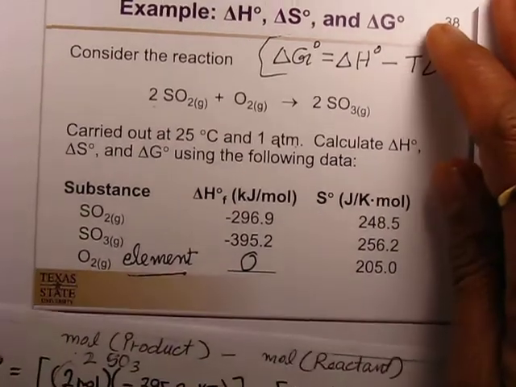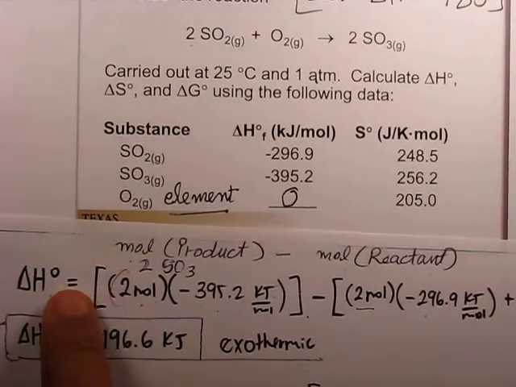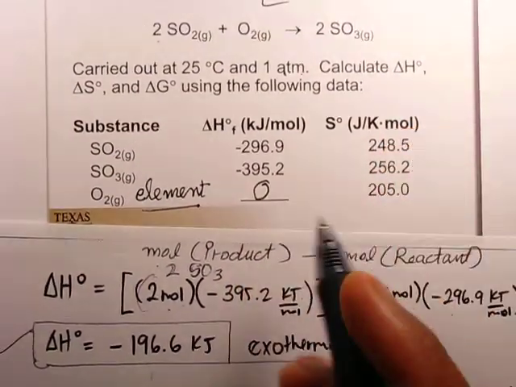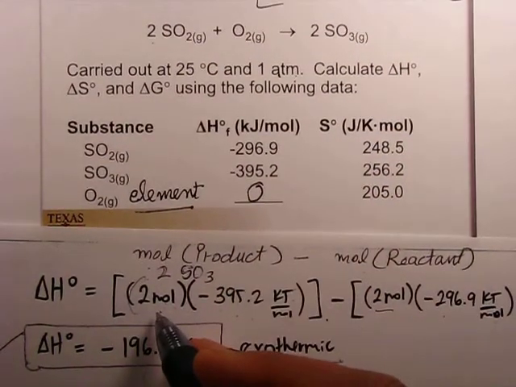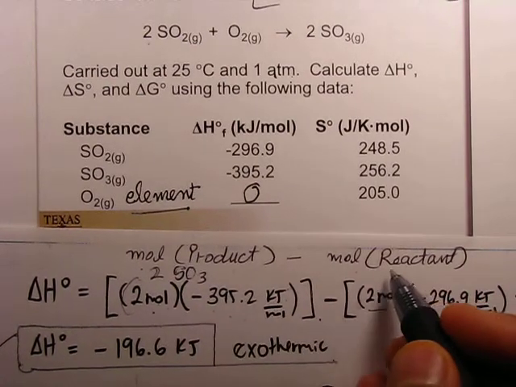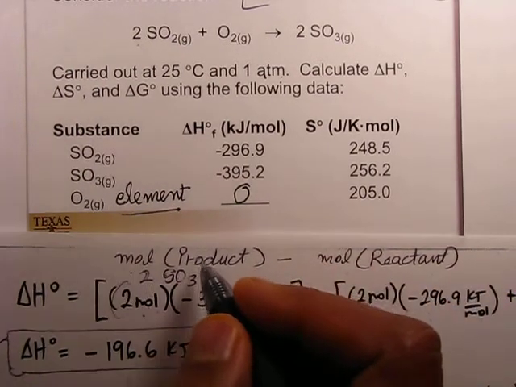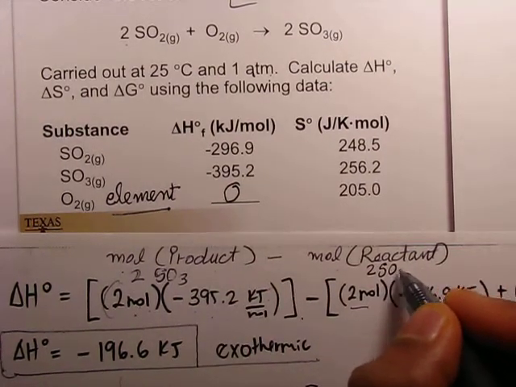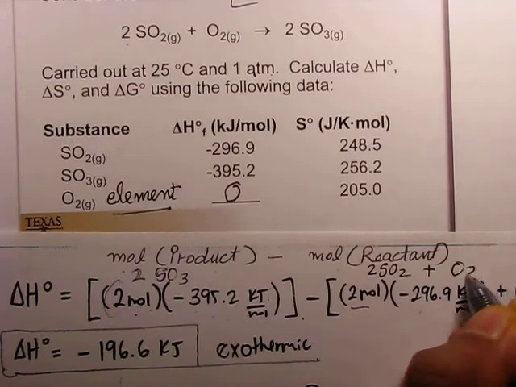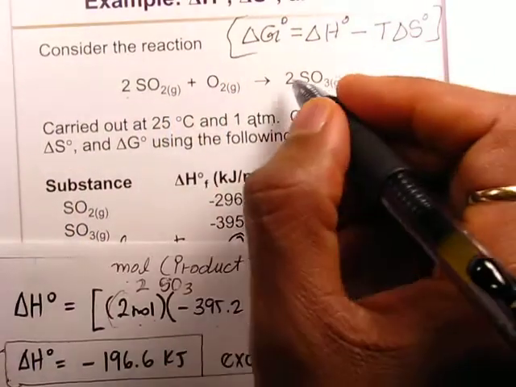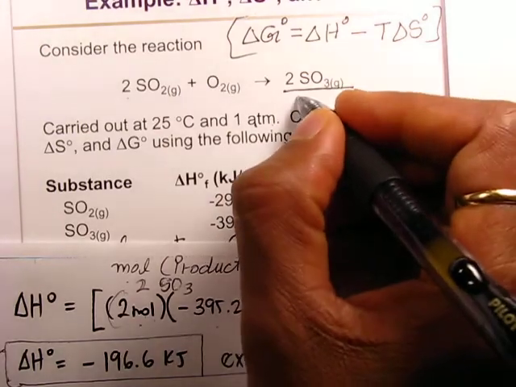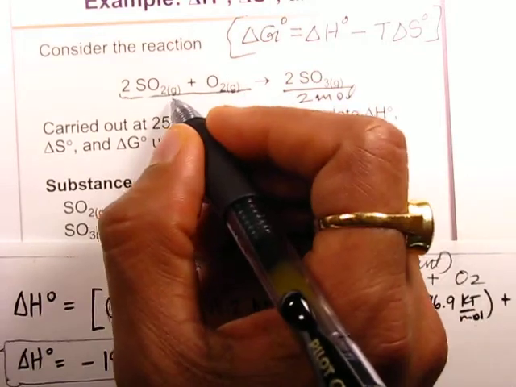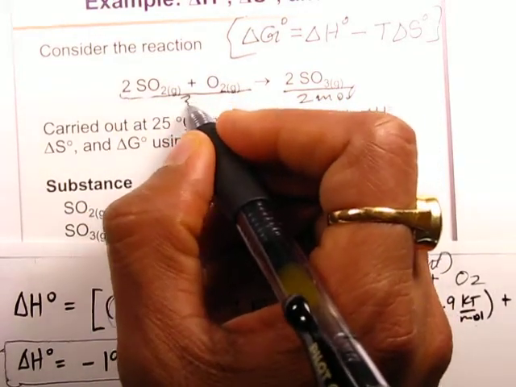So let's first calculate the delta H for this reaction. It will be the number of moles on the product side and on the reactant side. The product side is SO3 and the reactant side is 2SO2 plus O2. The total number of moles on the product side is 2 moles, and on the reactant side we have 2 moles and 1 mole, a total of 3 moles.